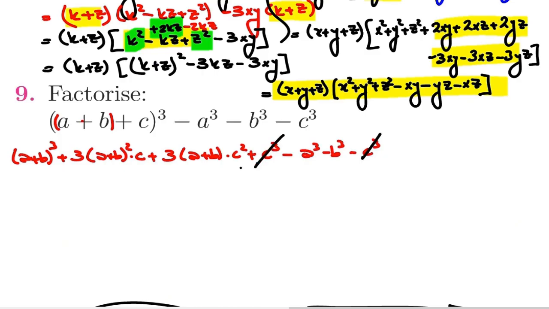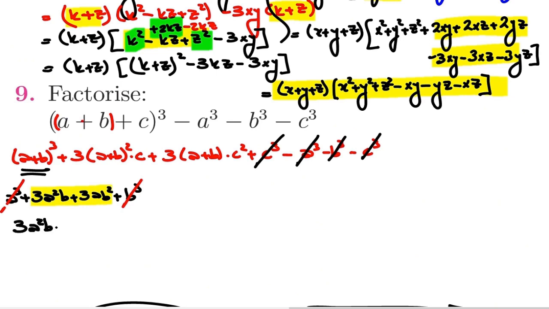Isn't that right? Those have been simplified. I'm expanding this. A cubed plus 3a squared b plus 3ab squared plus b cubed. This with that. And this cancels out with that too. So these are left: 3a squared b plus 3ab squared.